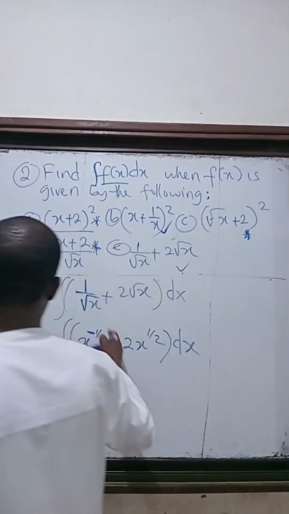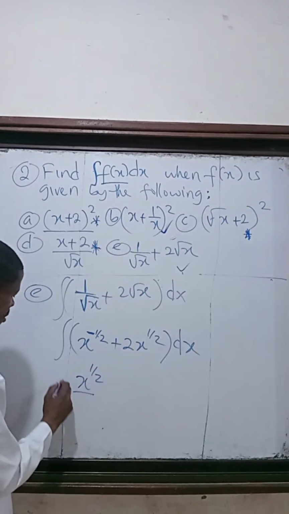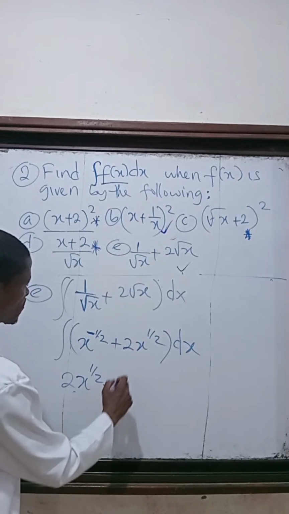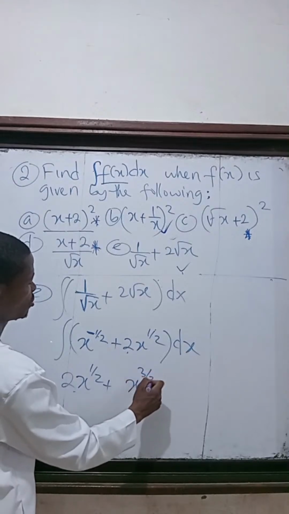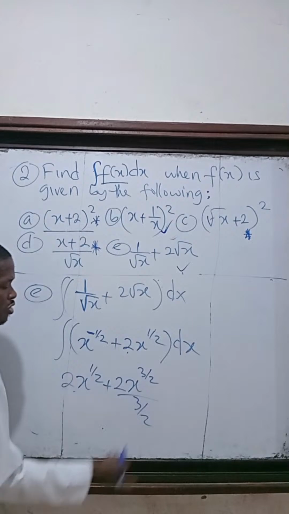So the power here, minus half plus 1, that's x to the power half over half, and that will give me 2. Then plus this one, half plus 1, that's x to the power 3 over 2, times what? This is 2 over 3 over 2. But you don't need to waste your time.